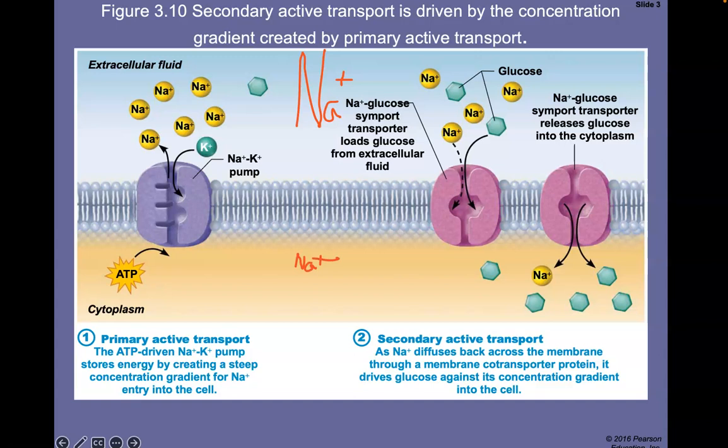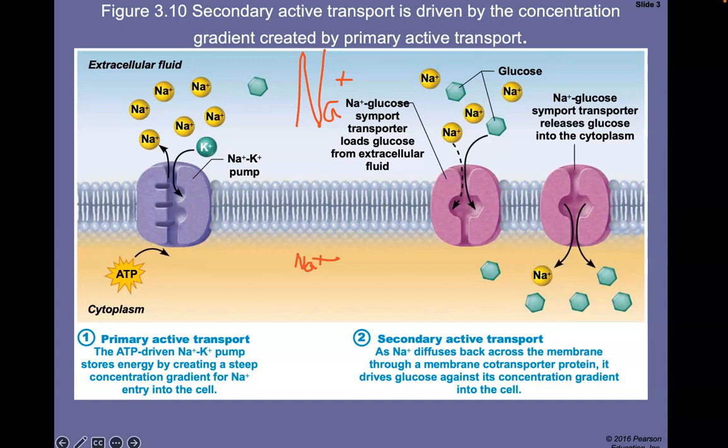And so what happens is, if you have these transport proteins, remember we talked about carrier-mediated diffusion. This is a case of that carrier-mediated diffusion. And this carrier is actually what we call a co-transporter, meaning it can transport 2 molecules.